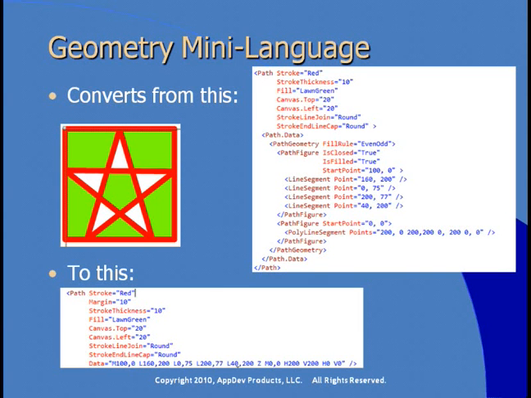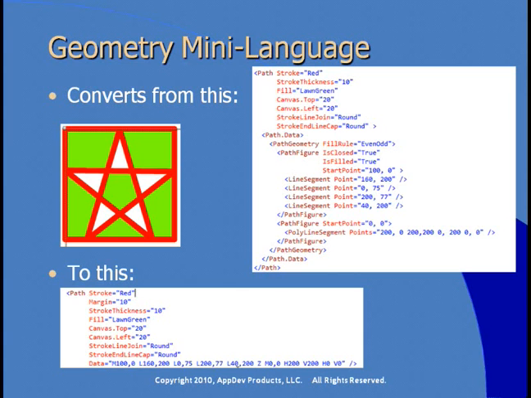And as you can see, all the properties of the path are still defined. They're defined in exactly the same way. The difference is in the path.data property. Rather than having individual elements for all the various bits and pieces of this, the data property can be set to a single string which defines the entire thing.